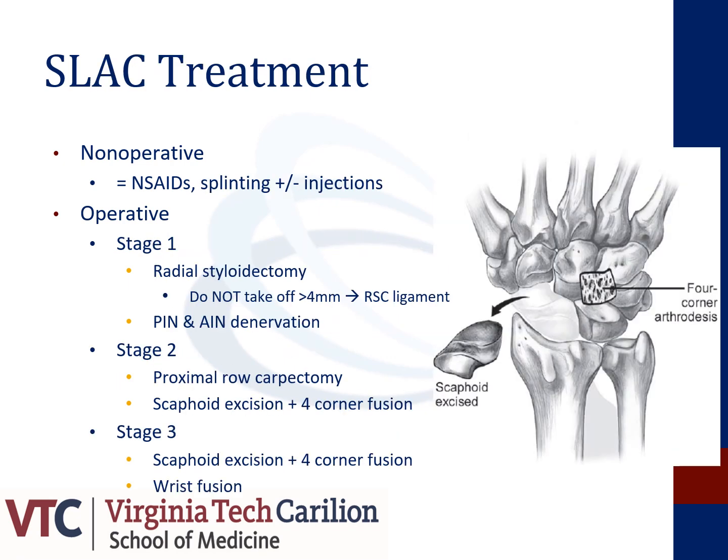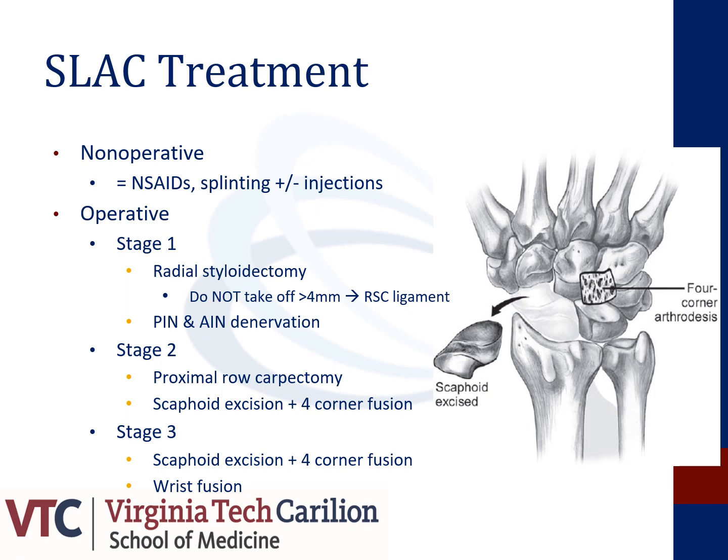If your SL ligament injury has progressed to a SLAC wrist, then it's important to note the Watson classification associated with the patient's SLAC wrist and the patient's symptoms. As with any arthritic entity, you can consider non-operative management in the form of NSAIDs, splinting, plus or minus use of injections.